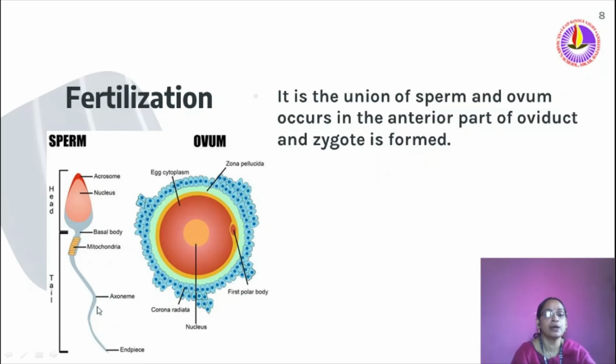This tail part is known as the axoneme, and the end part is known as the endpiece. Here you can see the structure of the ovum: egg cytoplasm, zona pellucida, the first polar body, the nucleus at the center, and the corona radiata. This is the structure of the ovum.